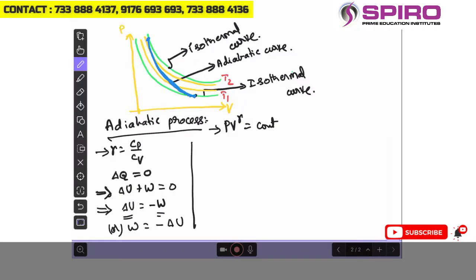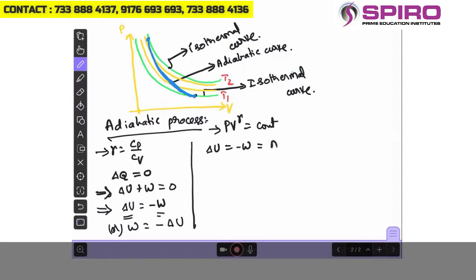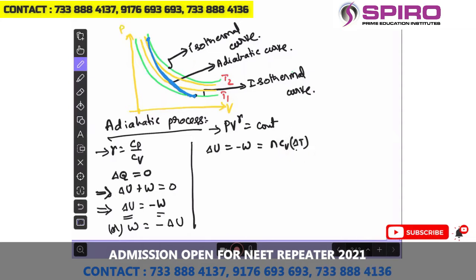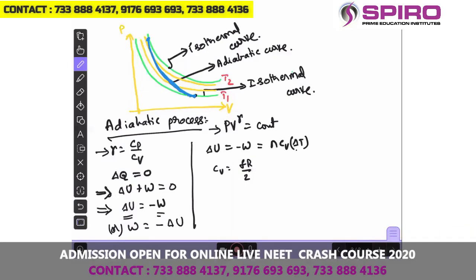And the adiabatic steepness curve can be obtained like this, and the change in the internal energy is nothing but the work done, and that itself can be given as n Cv delta T. Cv can also be written as f R by 2, where f is the degree of freedom.